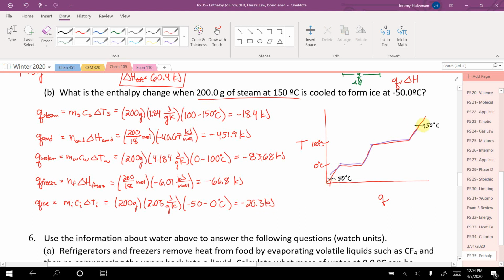Now I just want the whole heat from here all the way to there. So I just got to add them all up. And I add them all up. Negative 641 kilojoules. And we know it should be negative because heat would be released as I go from steam all the way down to ice.